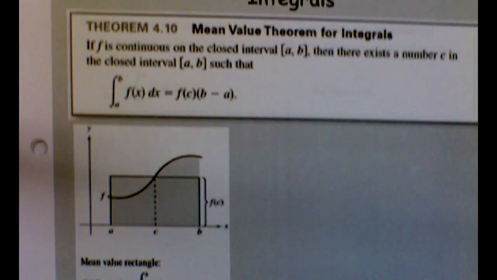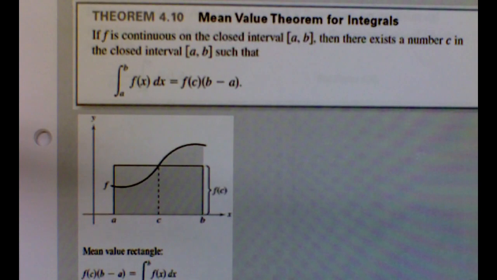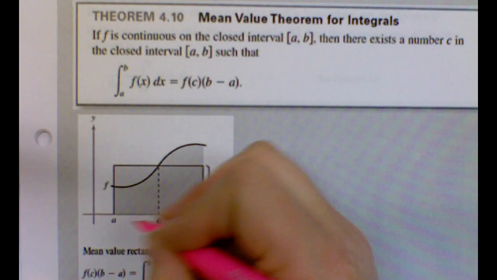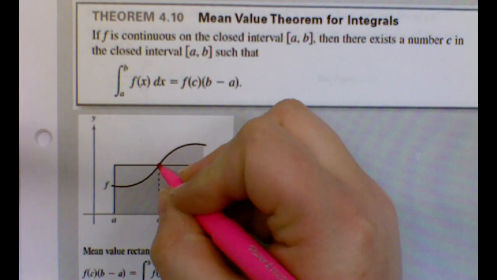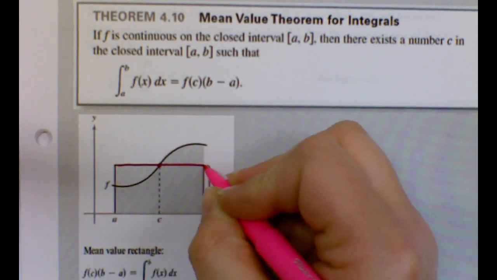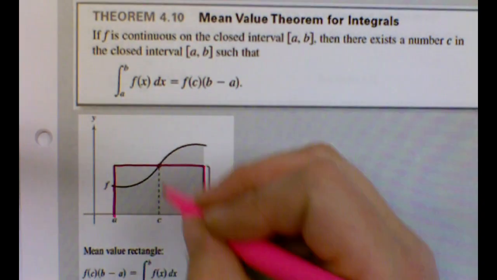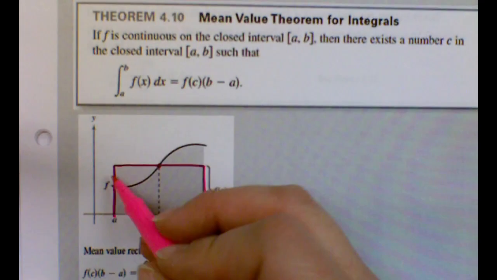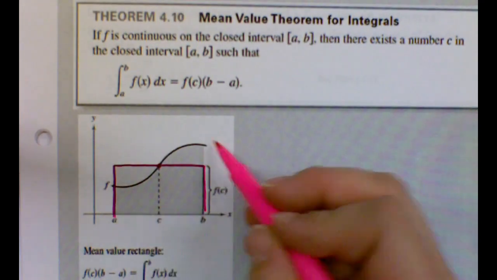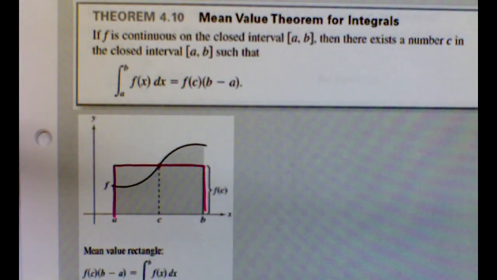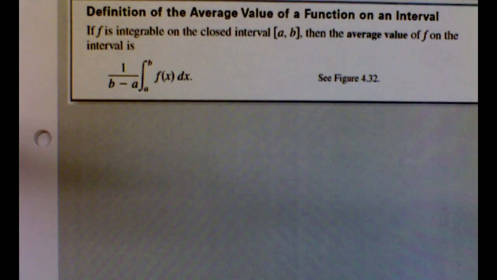So basically that means there is a value of c somewhere in this interval that if I make a rectangle between my two bounds at that height, wherever c is, whatever height that is, this rectangle has the same area as that curve did. That's all it says. It doesn't say how to find that, just says it exists.